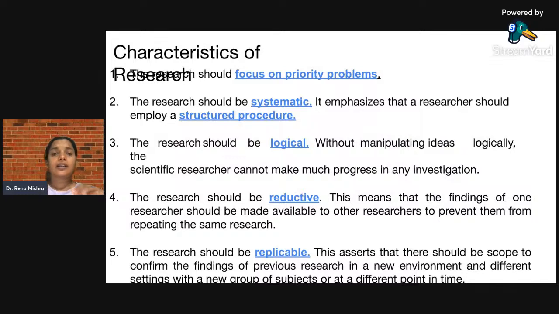Now, firstly, make sure that using jargon words, when I say jargon words, using difficult terminologies, using difficult words is not research. If I say that I am writing a work which is in very fancy English, it does not mean that I'm conducting a research.